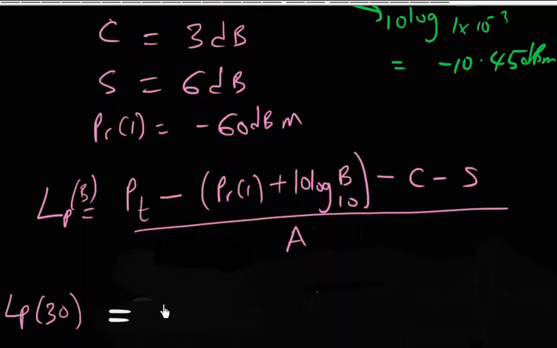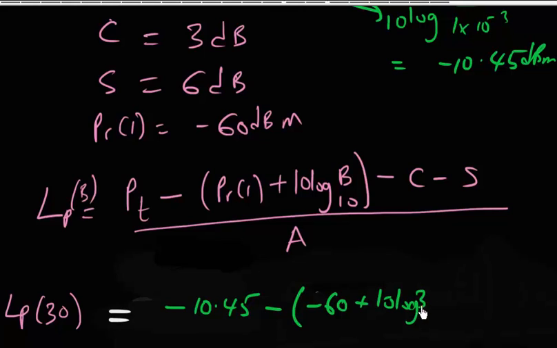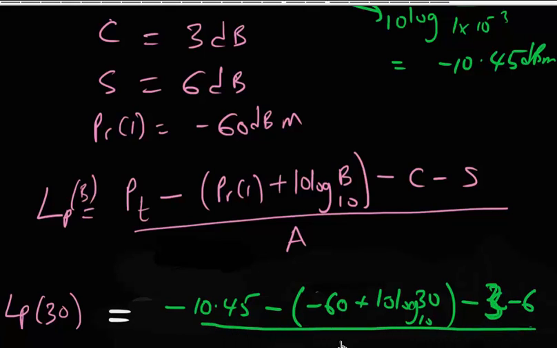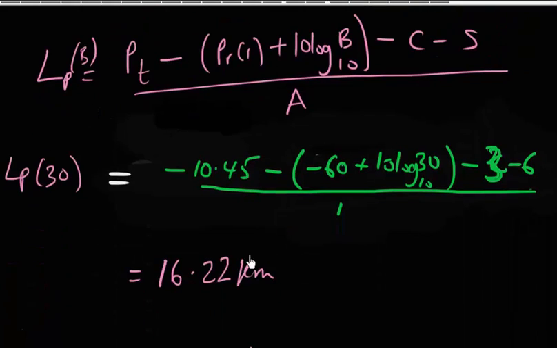So we just put it here: minus 10.45 minus 60 plus 10 log 30 times 10 to the power 6, minus 3 minus 6, divided by 1. That gives 25.77.